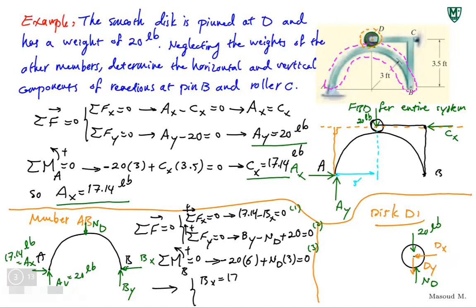Bx becomes 17.14 pounds that we know. By and nd, I'm really stretching the space there. If you do the math, you'll get nd as 40 pounds and by as 20 pounds.